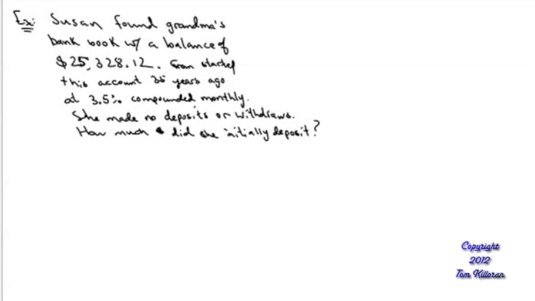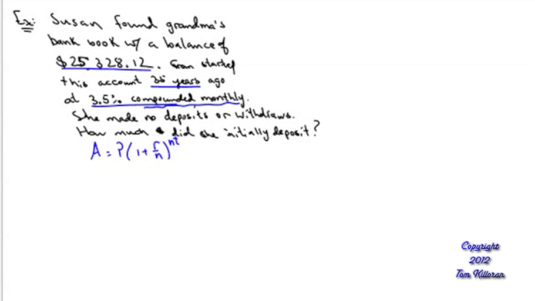I have this number, which tells me A. I have this number, T. I have this number, R. And I have this number, N. I have everything except for P. So when I write my formula down, A equals P times (1 plus R over N) raised to the NT. Why do I keep writing the formulas down?